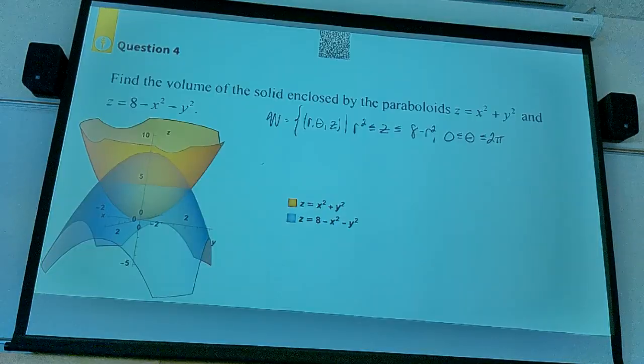But what's the radius of the circle? It's 2. How do you get 2? Set your two equations equal to each other and solve for x squared plus y squared. You'll get x squared plus y squared equals 4, which gives you a clear radius of 2.